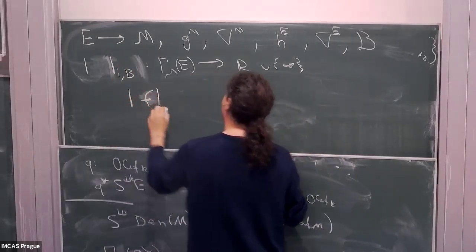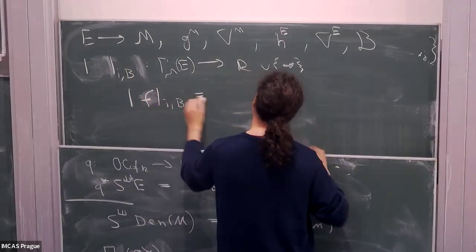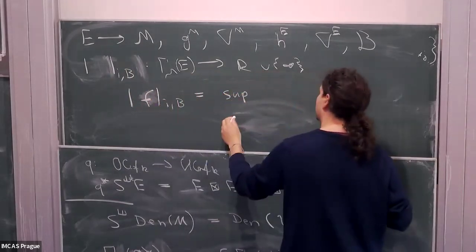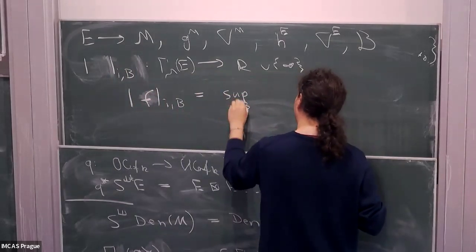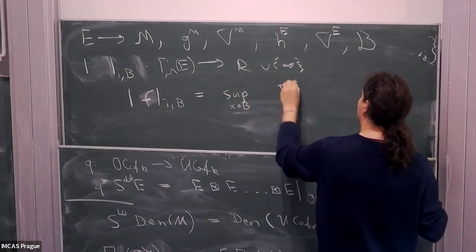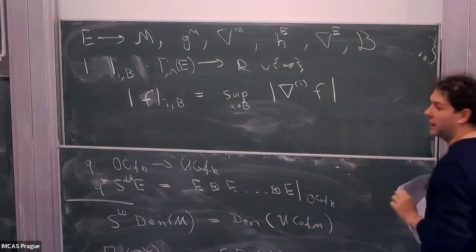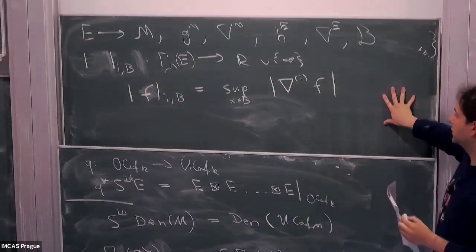Maybe f is now a section of the vector bundle. What we take is the supremum over all the points in B of the absolute value of nabla applied i times to f.